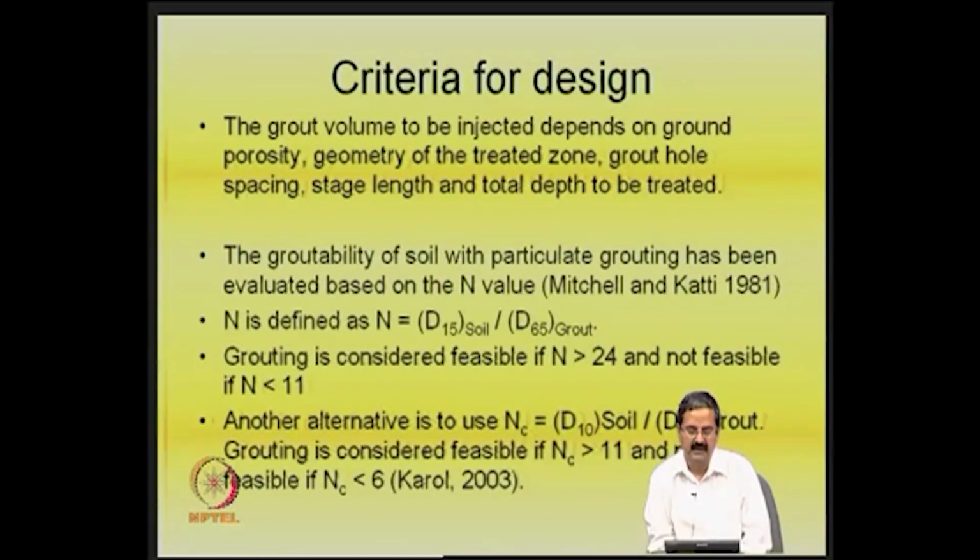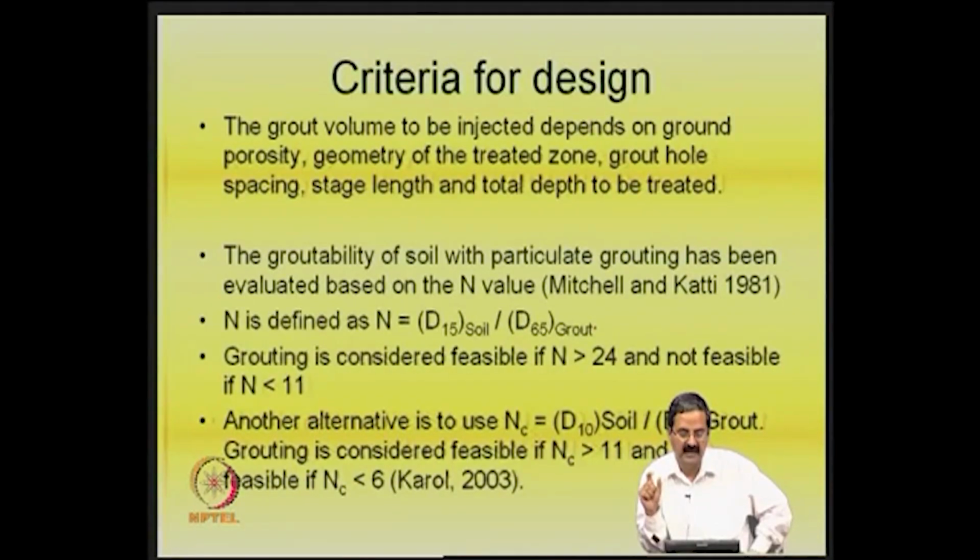So, for example, they define an N factor, which is an N value, which is nothing but the D15 of the soil divided by the D65 of the grout. You can see that you are trying to compare the size of the grout and the size of the soil particle.